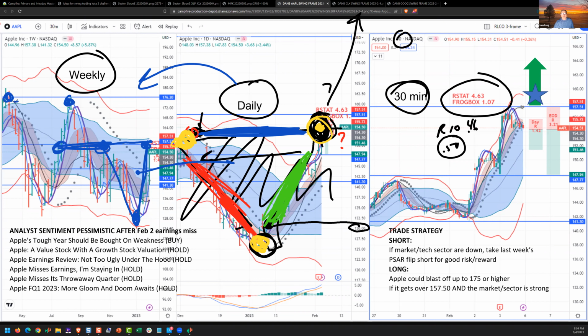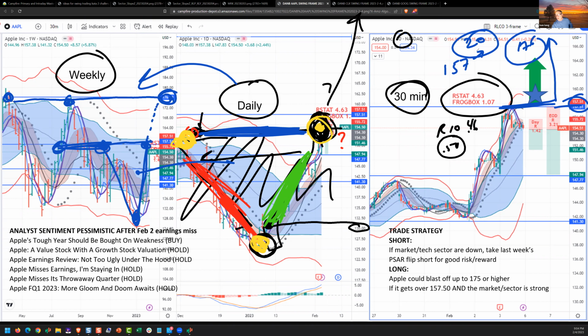So you're not allowed to be surprised if this thing gets to 176. So a breakout from here could go to 176. So an entry around 157 to 176, that's 19 bucks, so call it 20. A $20 move to the upside is baked into the cake.